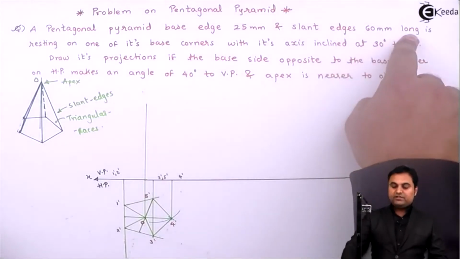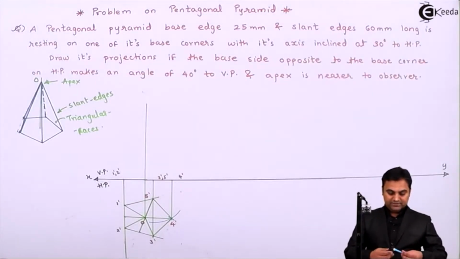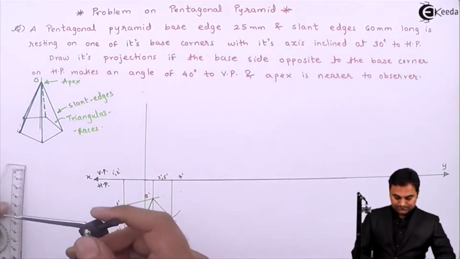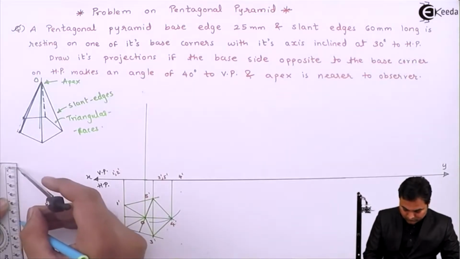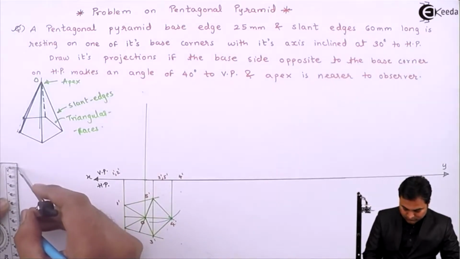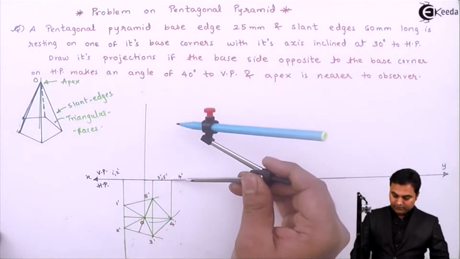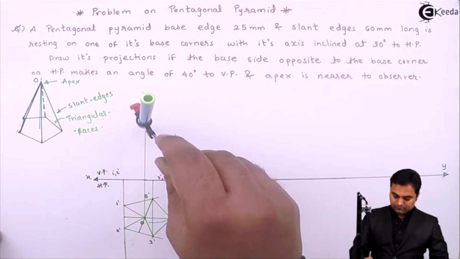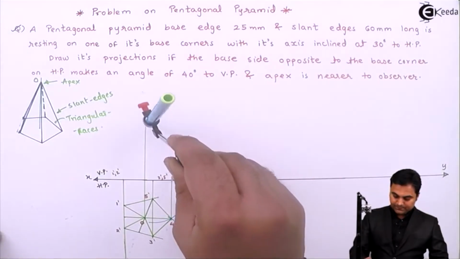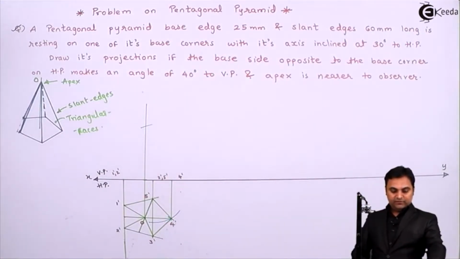Then slant edges are given as 60 mm. So for that I'll measure 60 mm in the compass. Measuring 60 and cutting it from any one of the slant edges on the apex. Joining them will give me the slant edge.